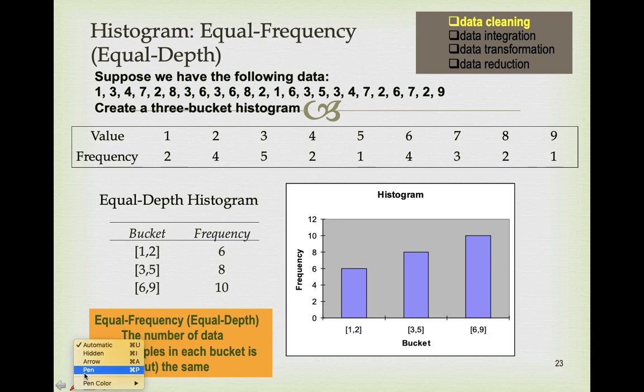Let me show it. This is a 2. This is a 3. And 6 until 9, we have a 4: 6, 7, 8, 9. And also the frequency here. Please note that for equal frequency or equal depth, the number of data samples in each bucket is about the same.